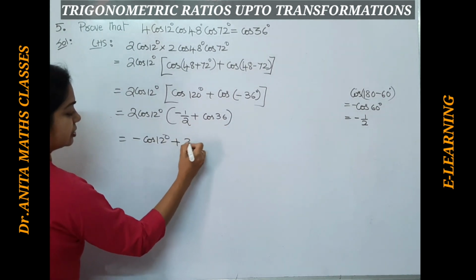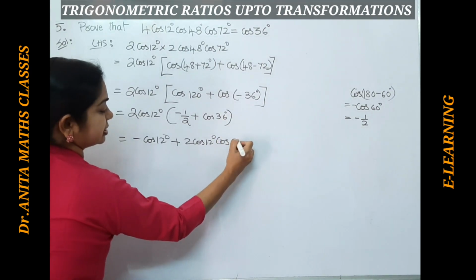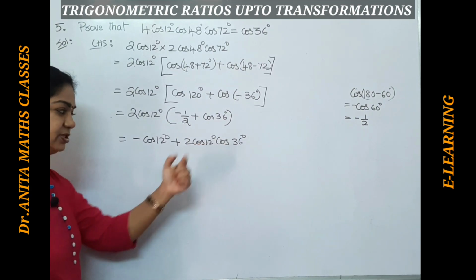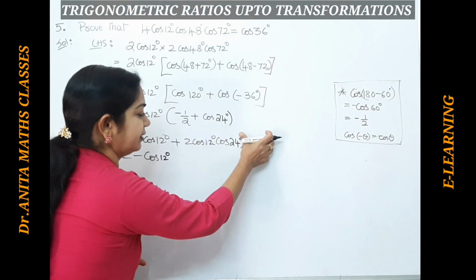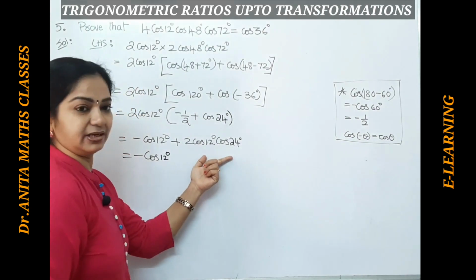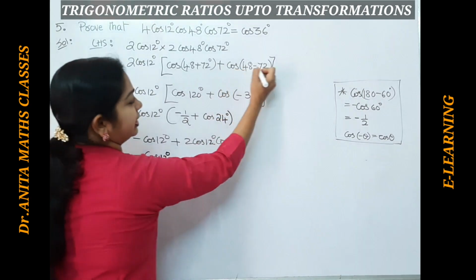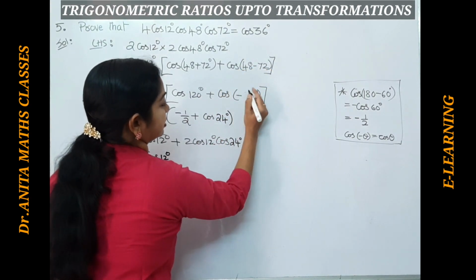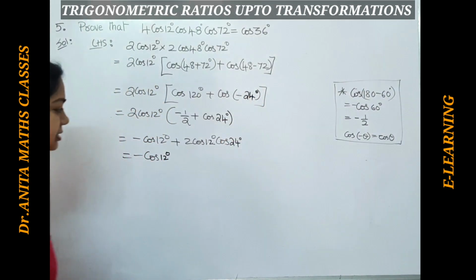So this becomes 2 cos 12 degrees and cos 24 degrees here. Again we will apply the product transformation, the C and D formula. And here 48 minus 72 is minus 24. This is not 36, sorry. So minus 24, and cos of minus theta is cos theta, the same thing.